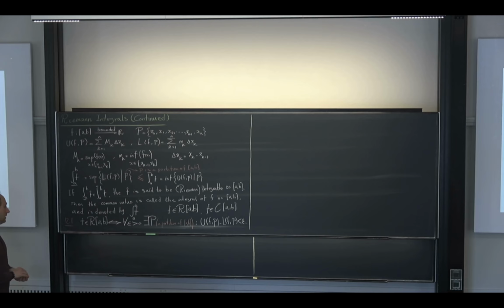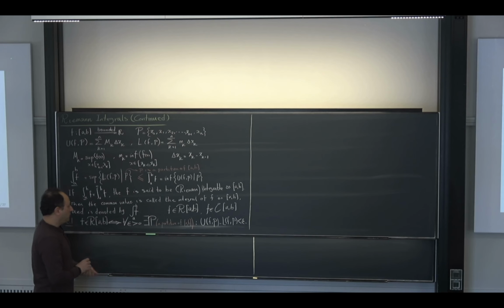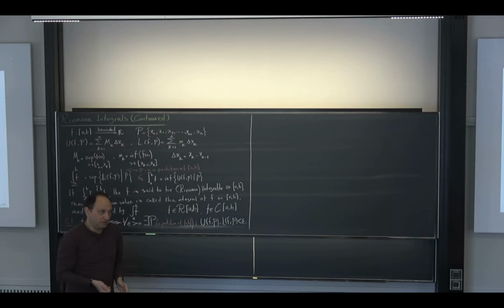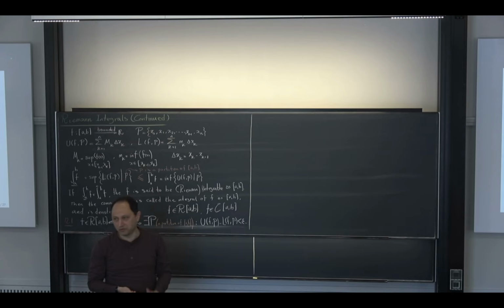But usually, when we talk about a generic partition, as I told you, there is no good regularity for it, because those points can be chosen completely arbitrarily. There are infinitely many of them, and they do not follow a regular pattern.